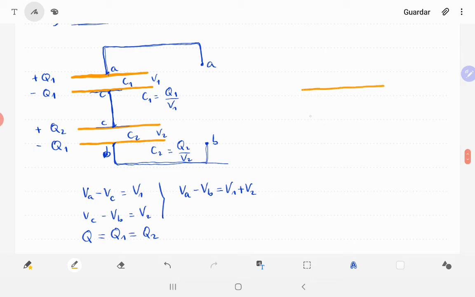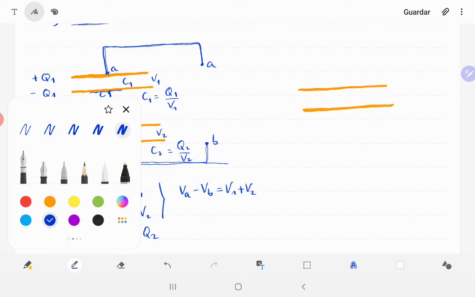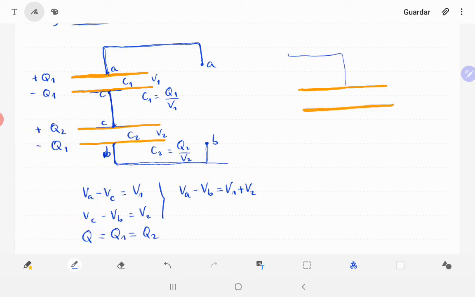So with these two ideas, I want to build an equivalent capacitor, which is only going to be one. I'm plotting it here. This is the equivalent capacitor, and this here is point A, and this here is point B, okay? This equivalent capacitor has a capacitance of C equivalent, and it's charged with plus Q in the upper plate and minus Q in the lower plate, which is exactly Q1 and exactly Q2.